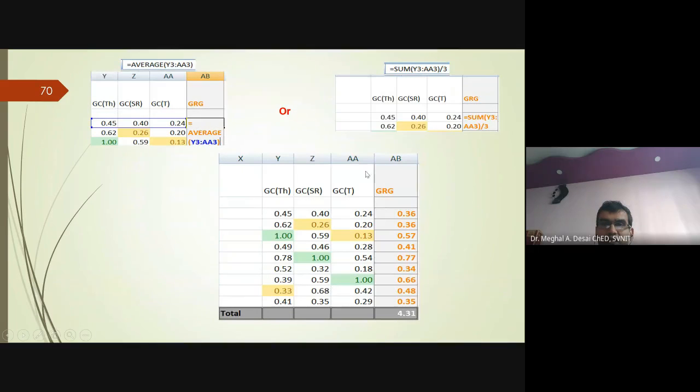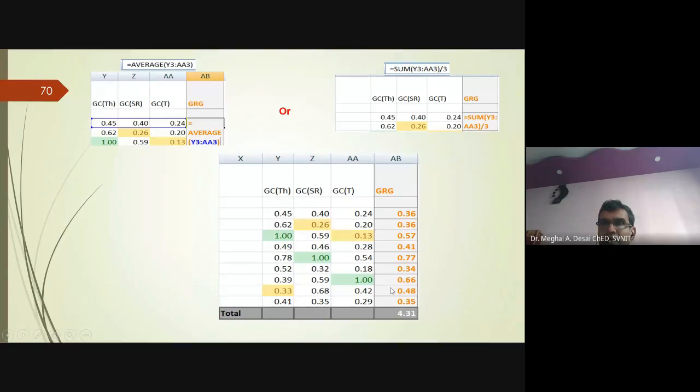Once I have GC, I need to have the average value of these three. So you can use the function average and include these three, or you can go for summation of these three values divided by 3. Either way, you will get the average value, that is this.